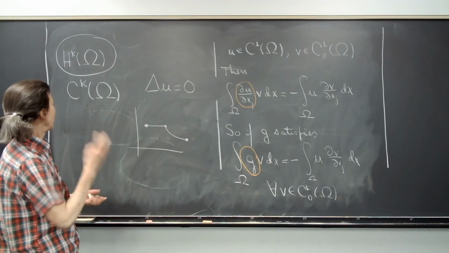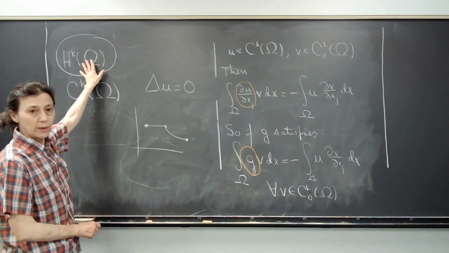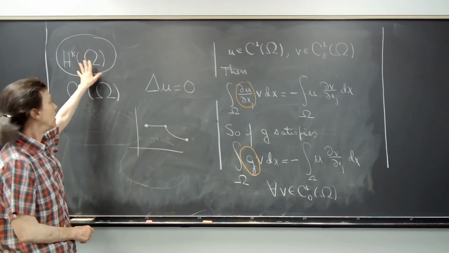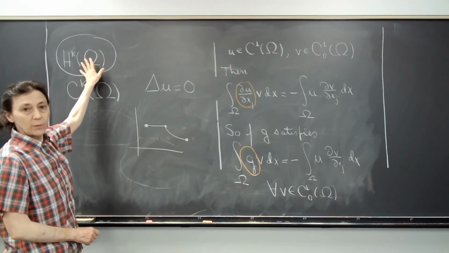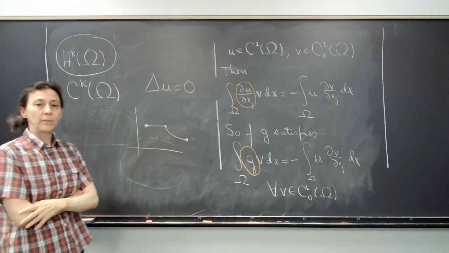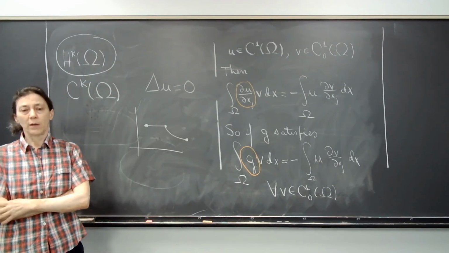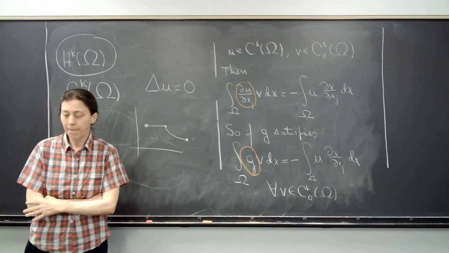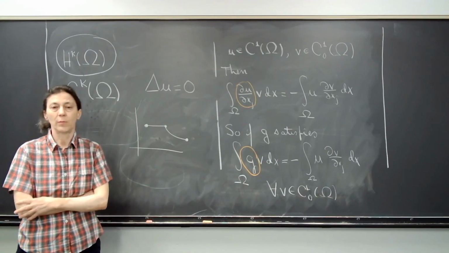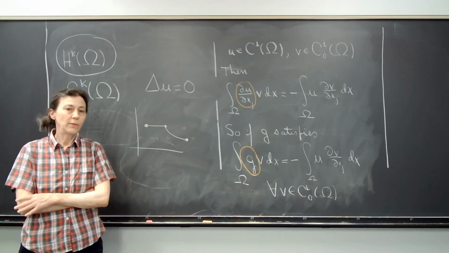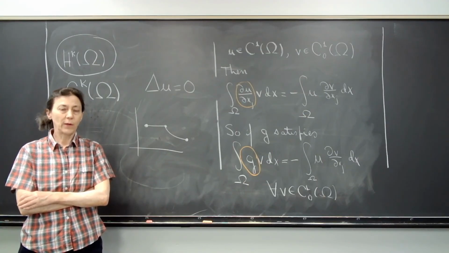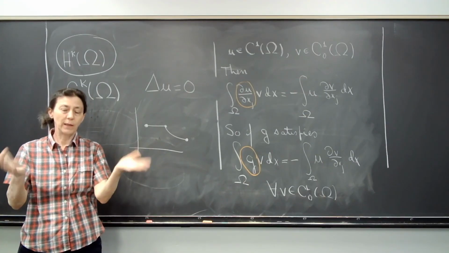Here's a third reason to consider these integration-based spaces, these big Sobolev spaces, L2 spaces. L2 is a Hilbert space. So now you've got all of your machinery. It's got an inner product.